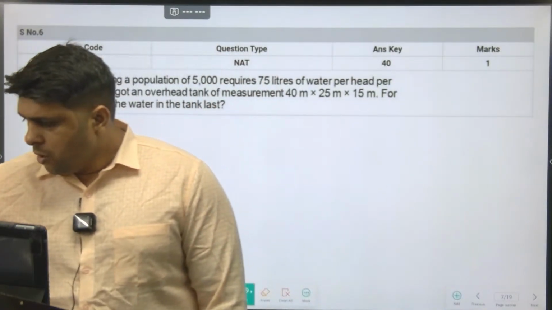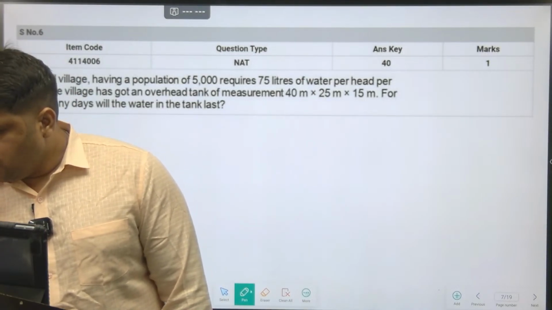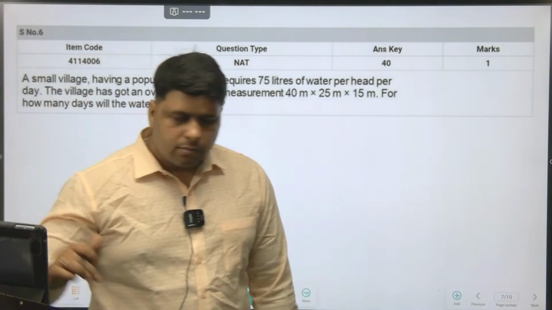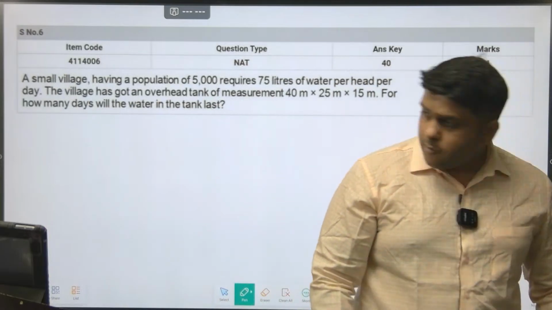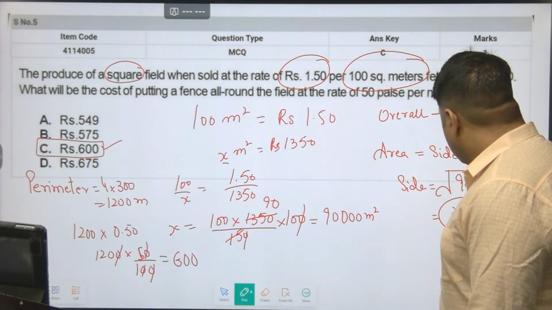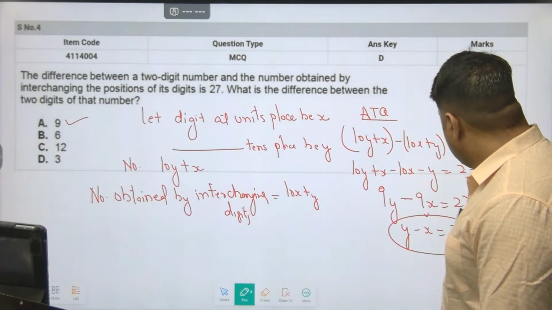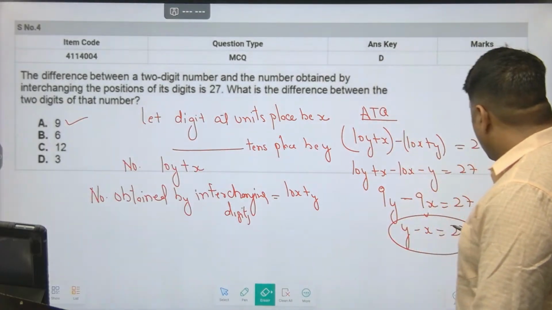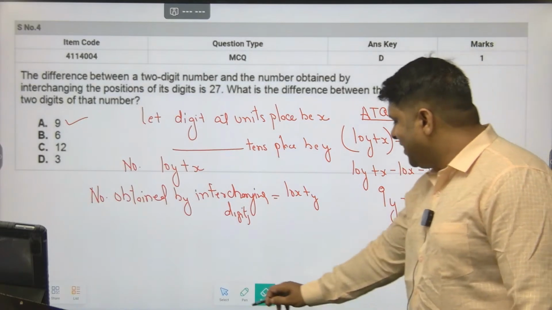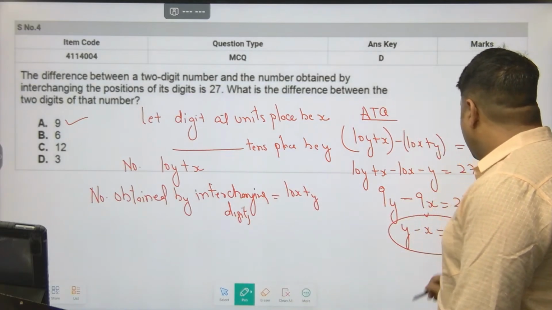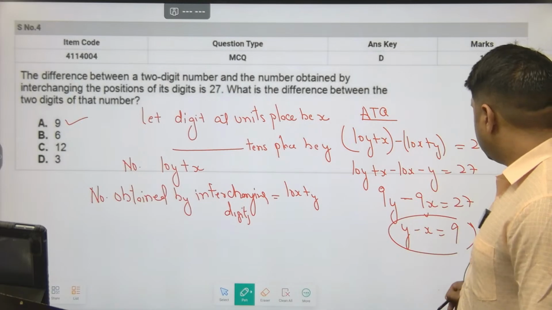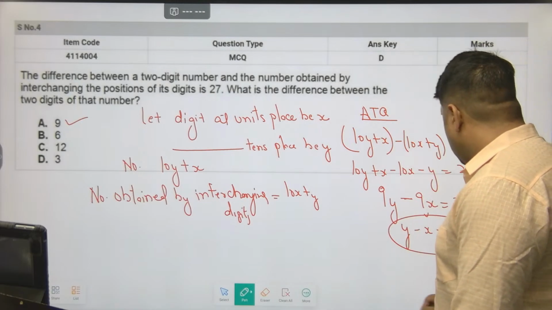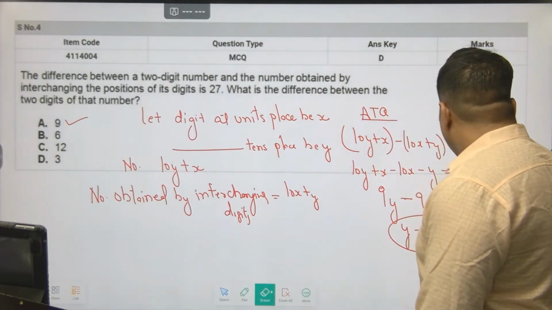Someone is saying you wrote the answer is 9. Which question? Oh, sorry. I wrote it like this, but this is 9, all are getting divided. No, this is 3.